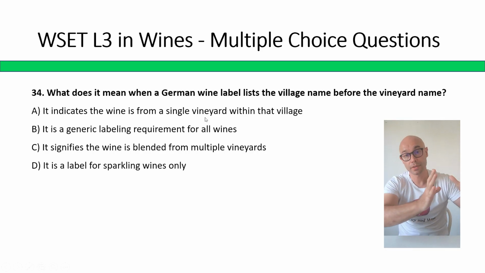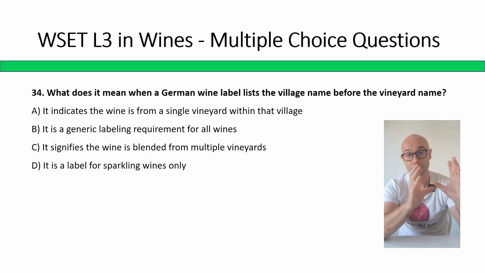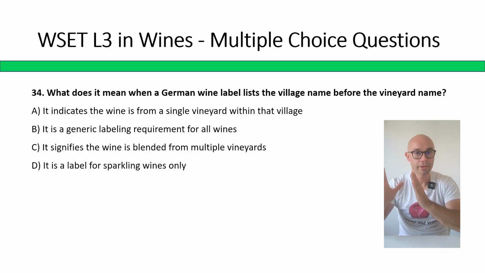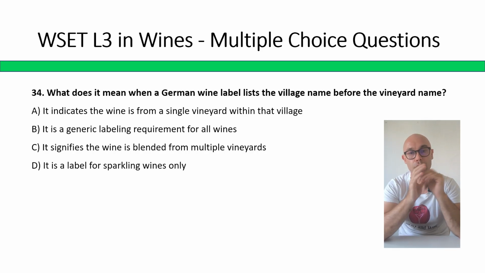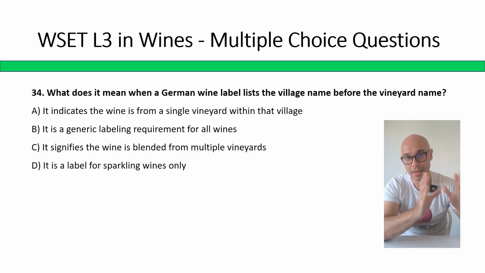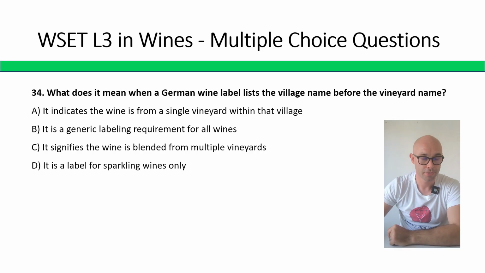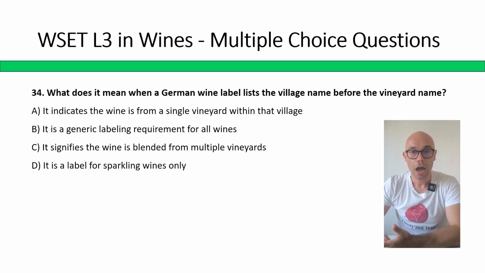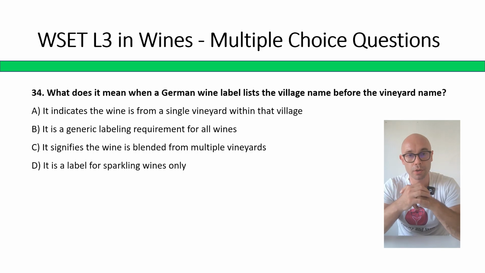So if there are several words in the description of where the wine comes from, the first word indicates the vineyard and the second word the village. I mean, how can you know this? Well, there are several things that you should be looking for on the label, especially for wines coming from specific vineyards.